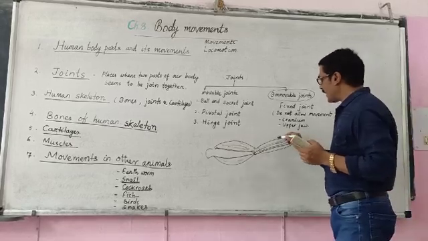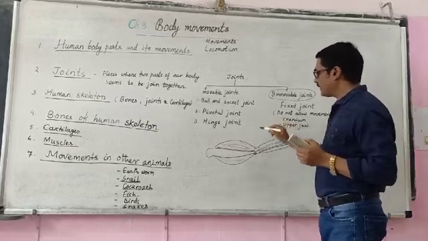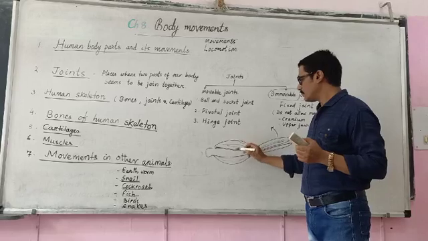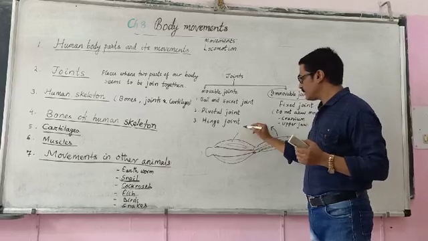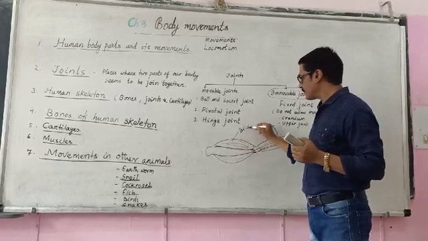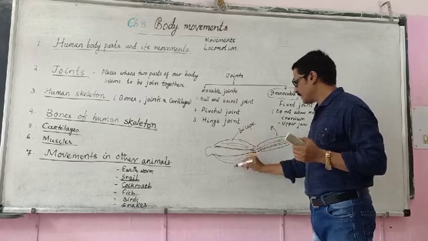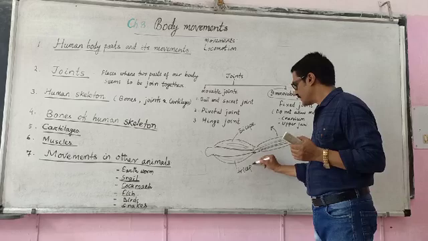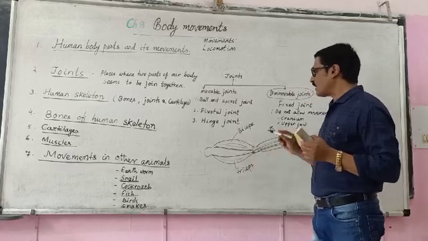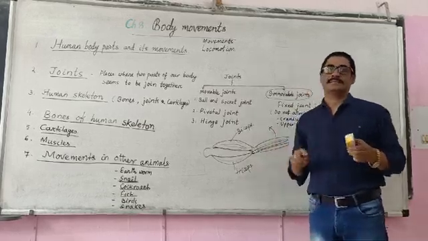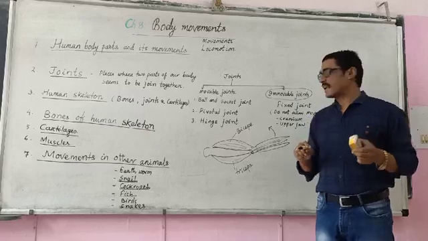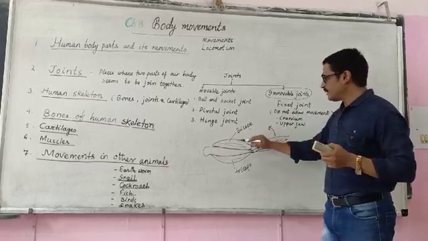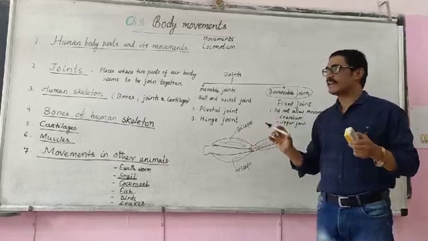When you bend your arm, one muscle is known as the biceps, and the other muscle is known as the triceps. The muscle has the property to contract. When it is contracted, it becomes shorter and stiffer.